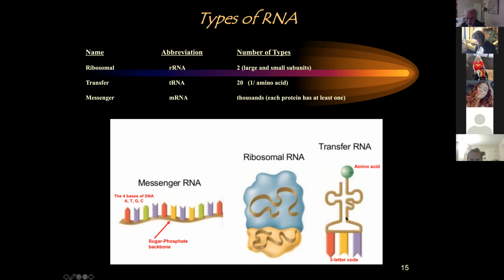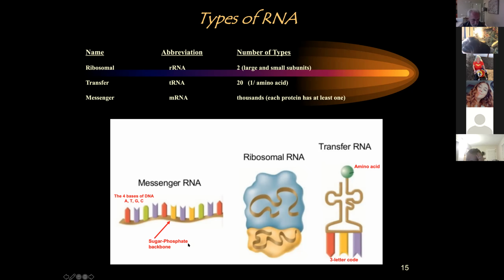But I want to emphasize that the other end of a tRNA molecule is an amino acid. So for each of the 20 tRNAs, there is a specific amino acid attached to the end of it. And this is what gets transferred to a growing polypeptide chain when protein synthesis happens.